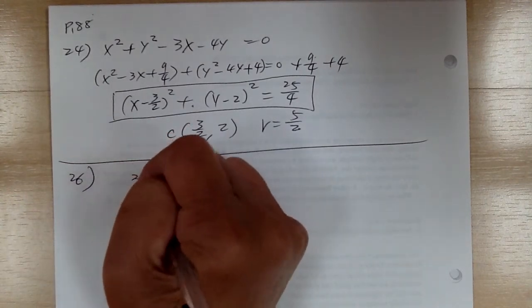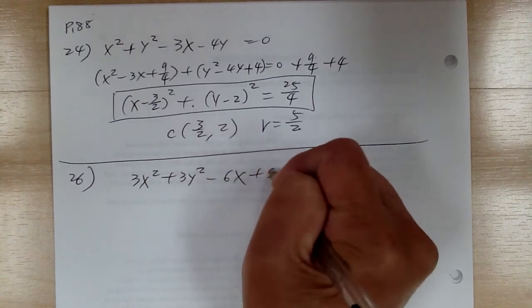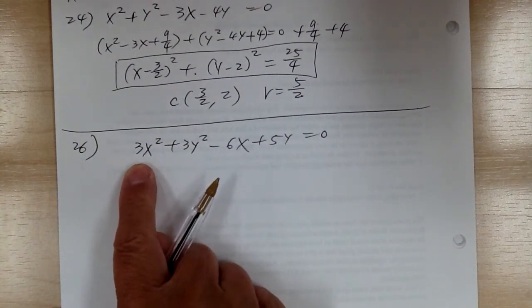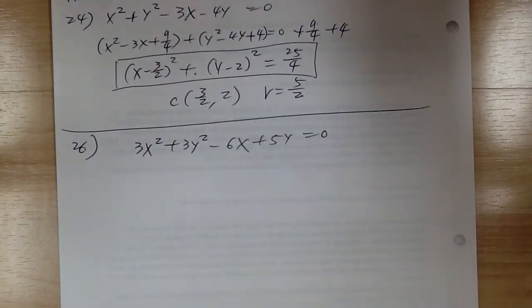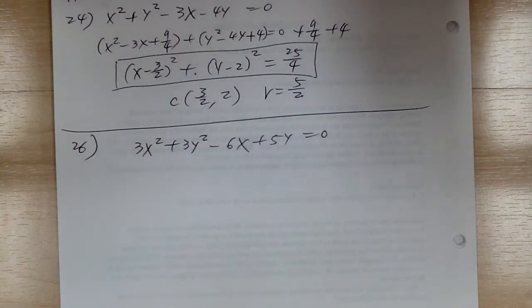You got 3x squared plus 3y squared minus 6x plus 5y equal to 0. Now for the circle, you want to get rid of the 3. So go and divide everything by 3 to get rid of that number 3 in the front.